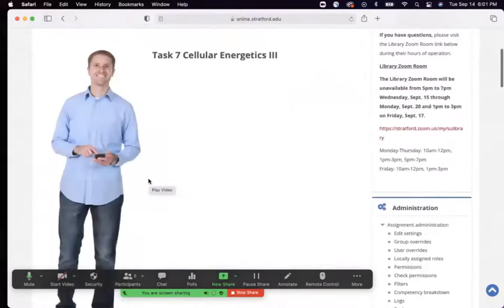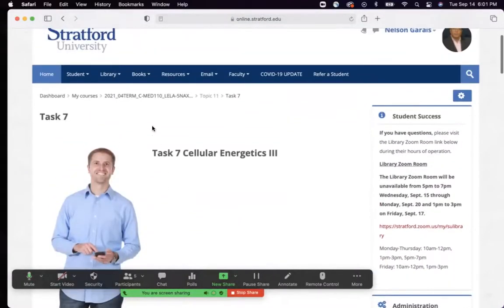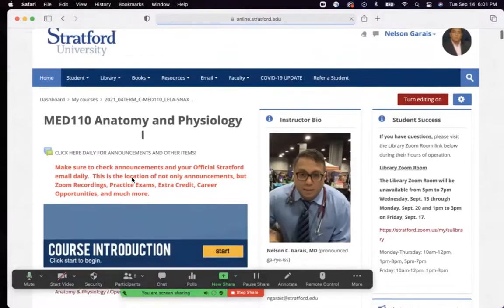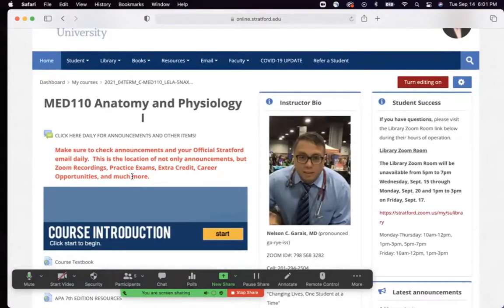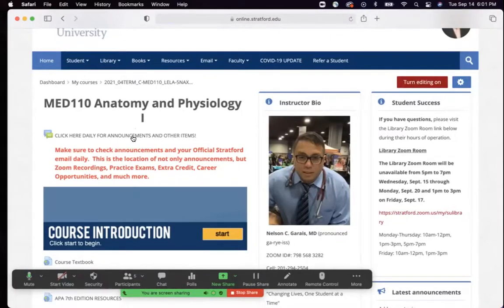Well, we all talked about in the first couple of lectures that we have to create energy for us to live. And in order for that to happen, we have to have glucose and oxygen. And we already talked about the digestive system, how we digest and metabolize food to make glucose.